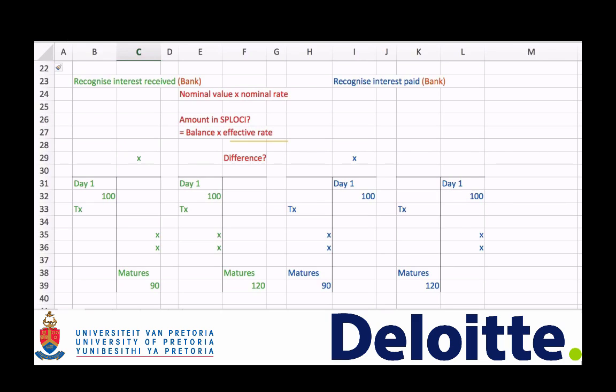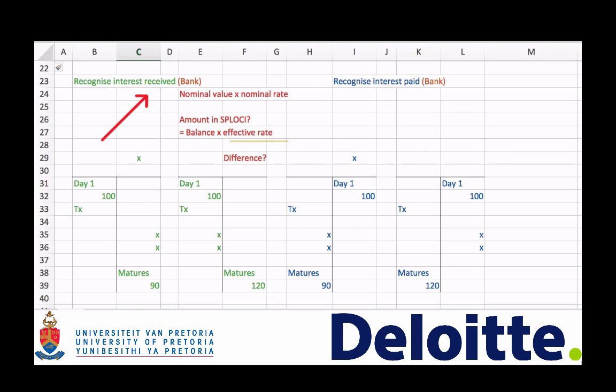What happens, though, after initial recognition is over the period now there's going to be interest recognized. Now, your interest on your debenture, as we mentioned, is based on the nominal value of the debenture times the nominal interest rate. So if it's a 10% debenture issued at a par value of R100, your interest for that year will be R10, the 10% times the R100.